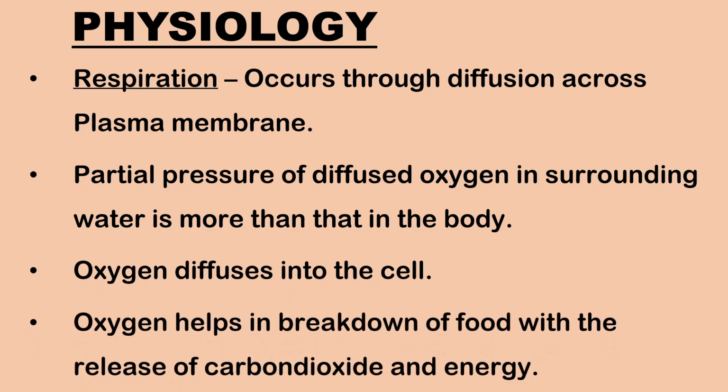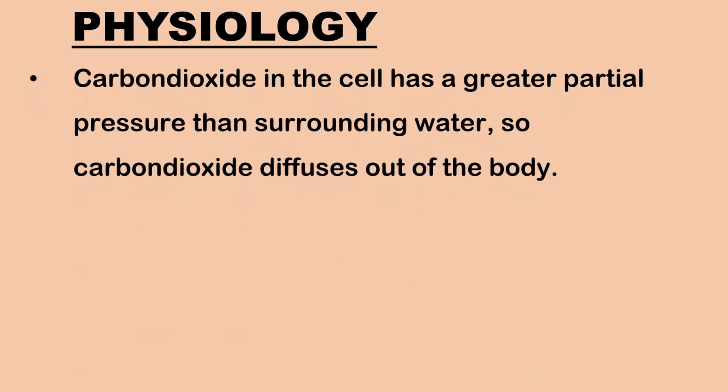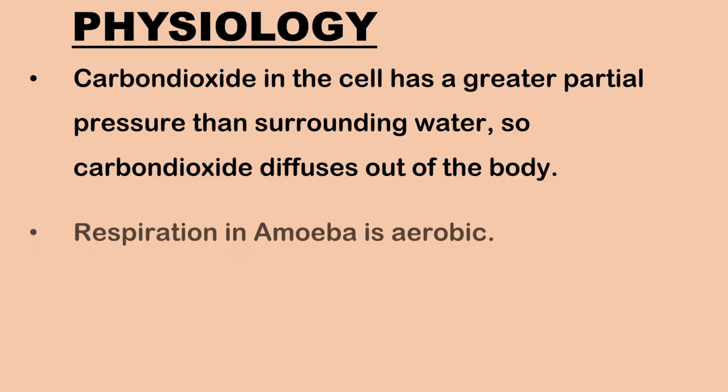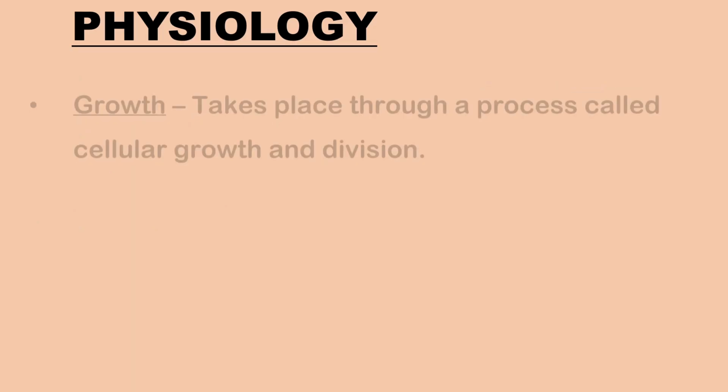Oxygen helps in the breakdown of food with the release of carbon dioxide and energy. Carbon dioxide in the body has a greater partial pressure than the surrounding water, so carbon dioxide diffuses out of the body. Respiration in amoeba is aerobic.